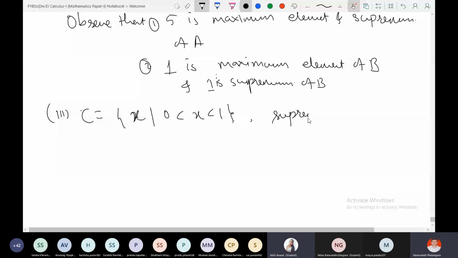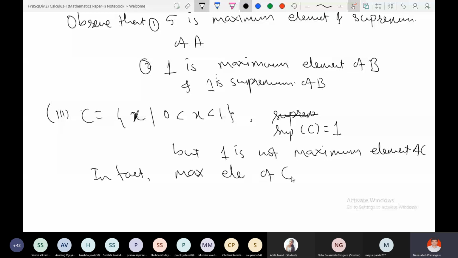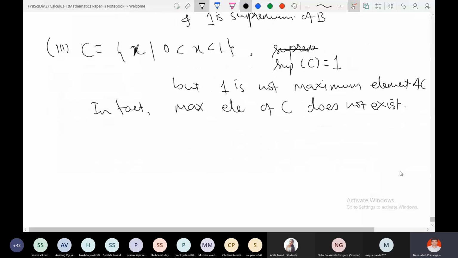So the supremum of C is 1, but 1 is not the maximum element of C. In fact, the maximum element of C does not exist. Right, and therefore what general statement should I make?